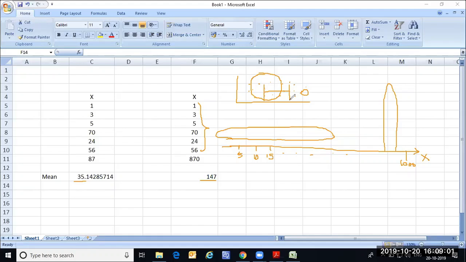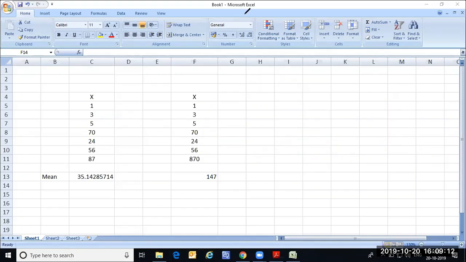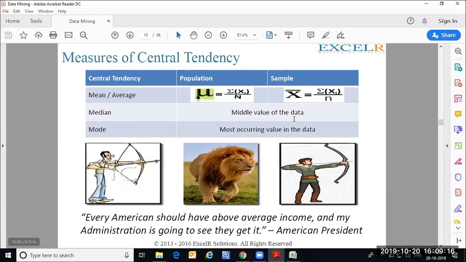Then, which measure can we rely upon to take any decisions? That's where subsequent measures of central tendency are introduced. The second measure of central tendency is median. What is the median? The middlemost value of the data, right?